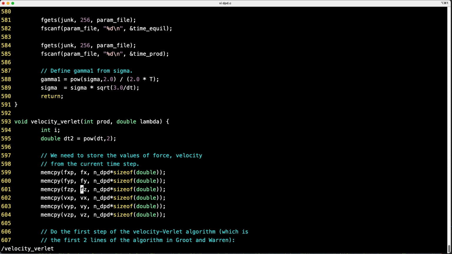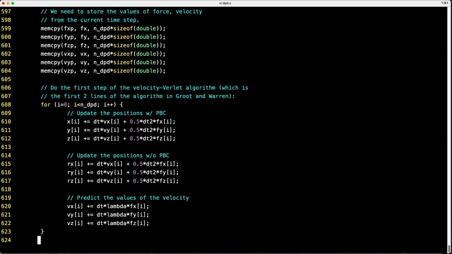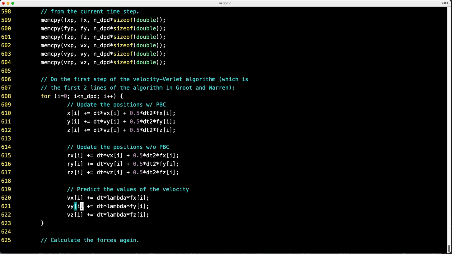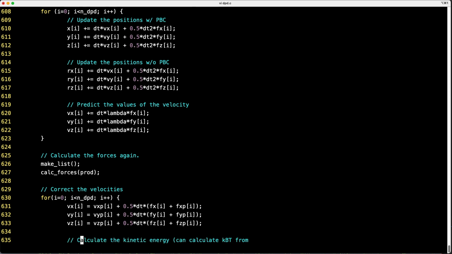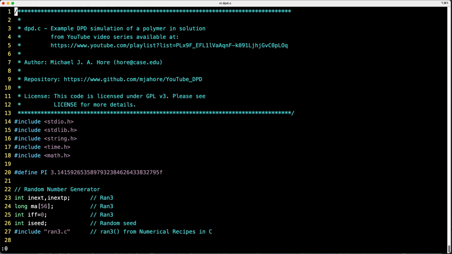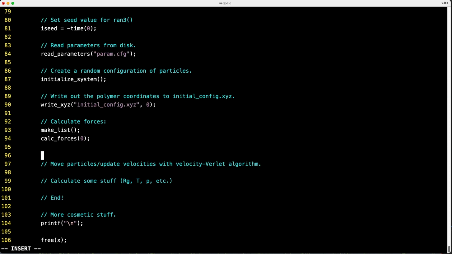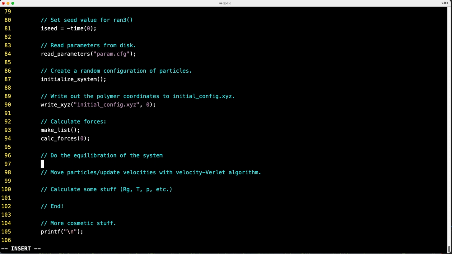So we're storing the values of the forces and the velocities. We're updating the positions and predicting the velocities. We calculate the forces again, and we correct the velocities. So what that means is up here in main, this is giving us the initial values of the forces for the velocity-Verlet algorithm.